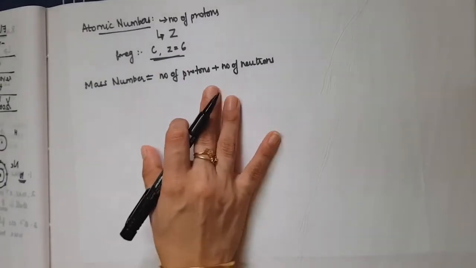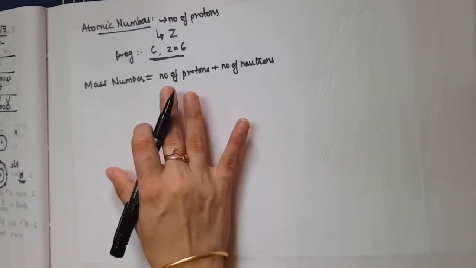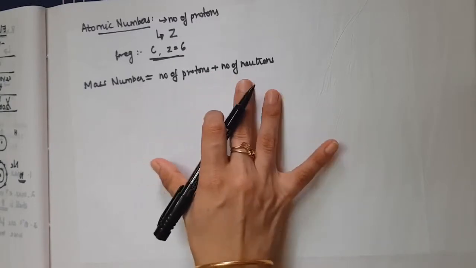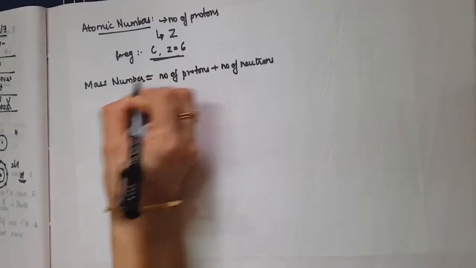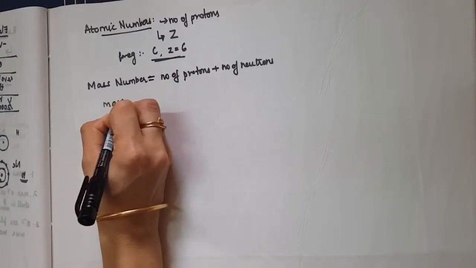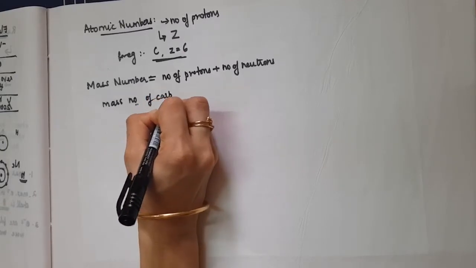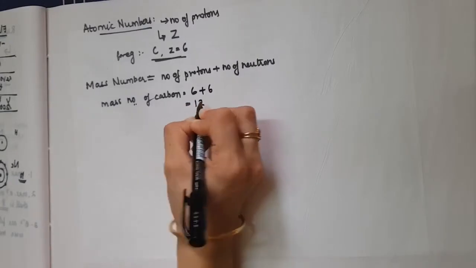Mass of an atom is concentrated in the nucleus, that is the subatomic particles found in the nucleus of an atom. So for example, let's see the carbon itself. Mass number of carbon is equal to 6 plus 6, that is equal to 12.